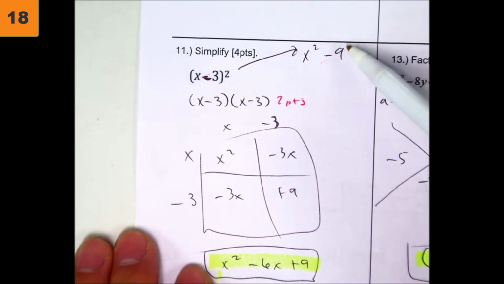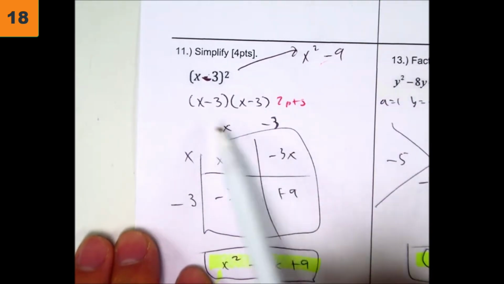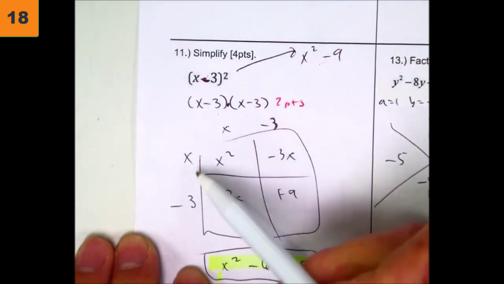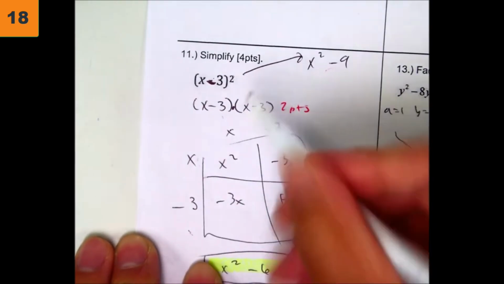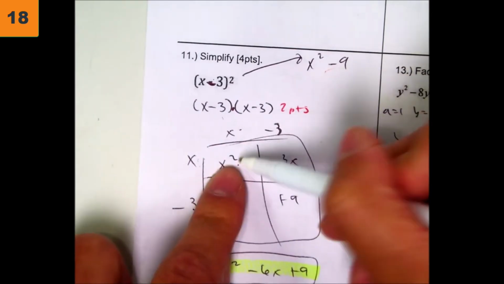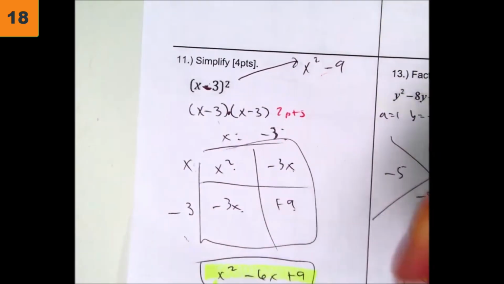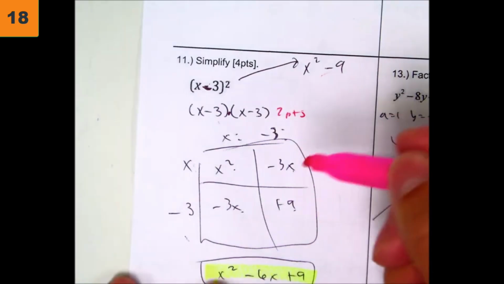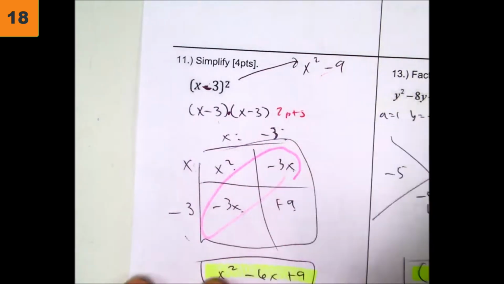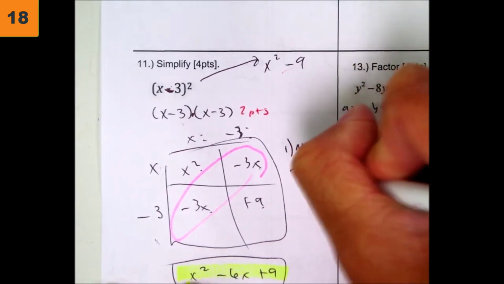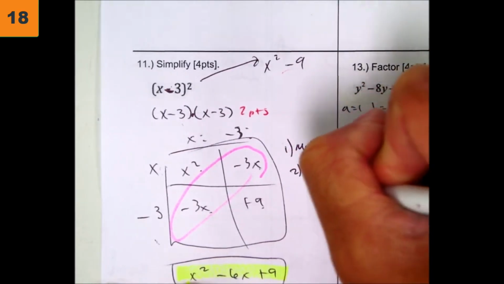but it's not correct. So binomial times a binomial, you have multiplication, so you're going to do the box. X minus 3, multiply, x squared, negative 3x, positive 9. You're going to look for like terms here. Now you're adding, so let's write that again. You are multiplying first, then you are adding or combining like terms.